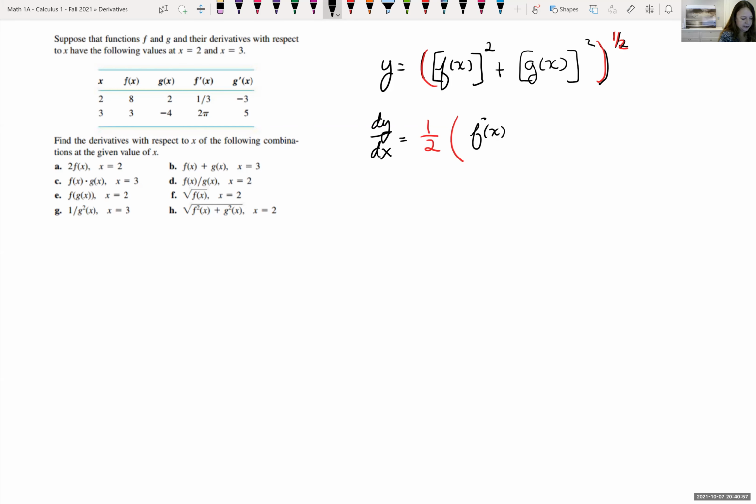I'm just going to keep it how they had written it. Subtract 1 from our exponent. So 1/2 minus 1, 1/2 minus 2/2, is negative 1/2. Times the derivative of the inside.